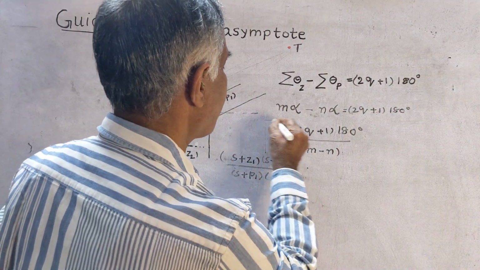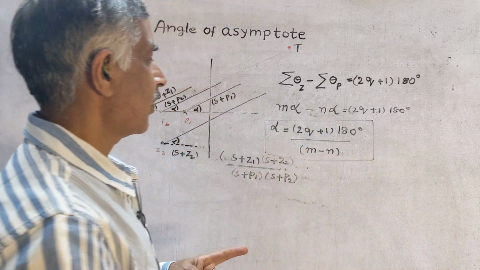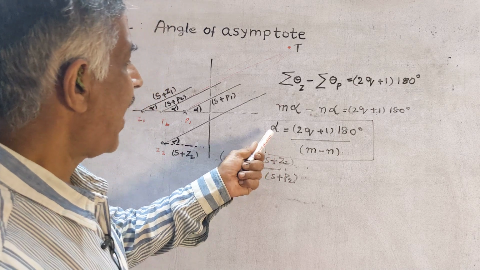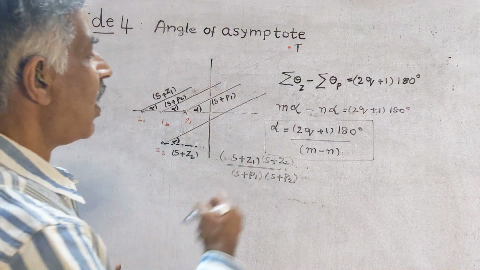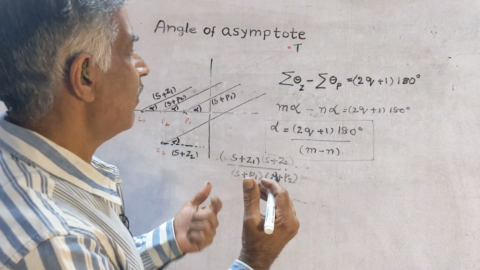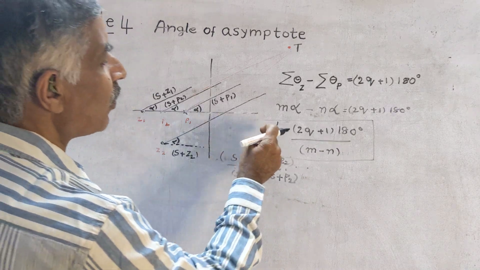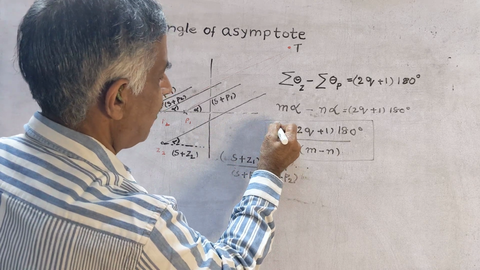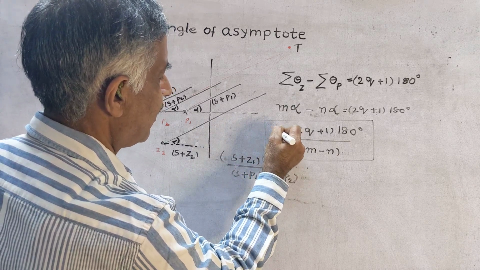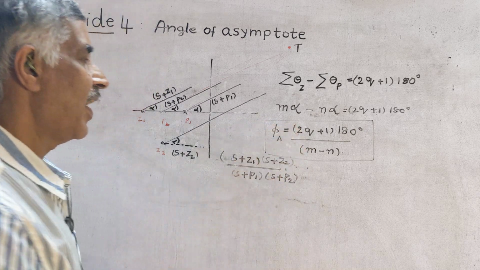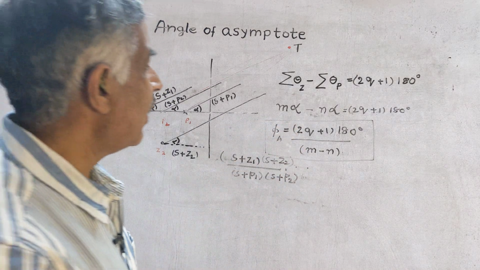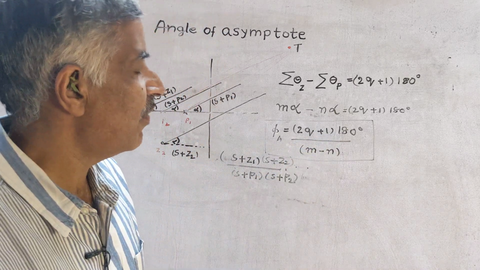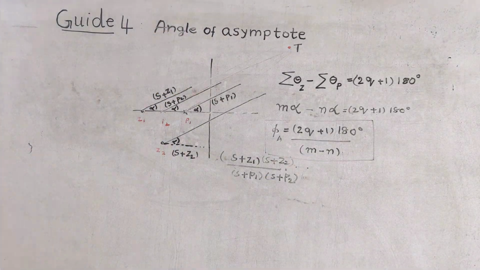And this is a very important formula. The important formula for angle of asymptote is alpha a. Normally we don't use alpha, we use phi. Phi a, angle of asymptote, is equal to 2q plus 1 times 180 degrees divided by m minus n.